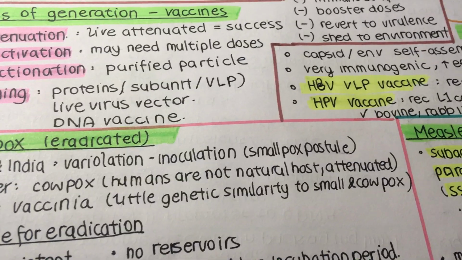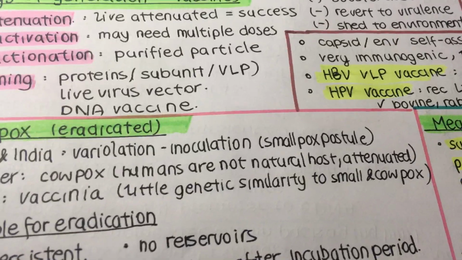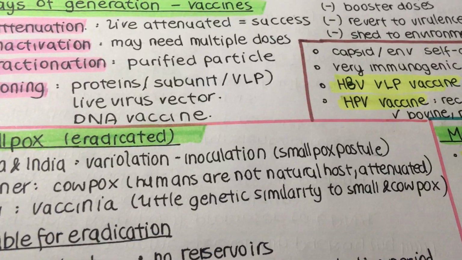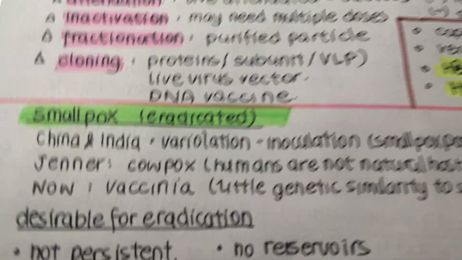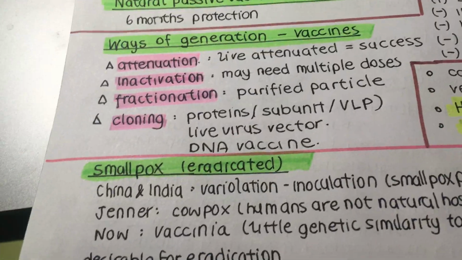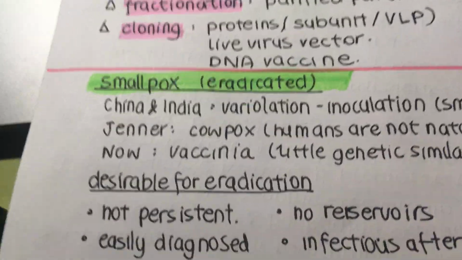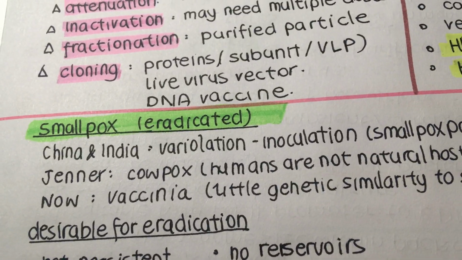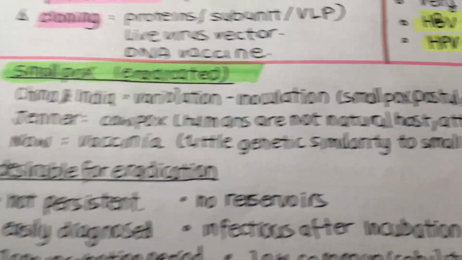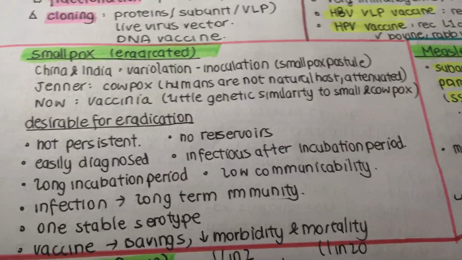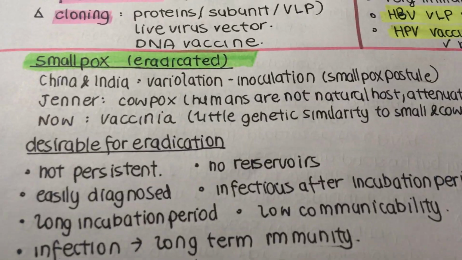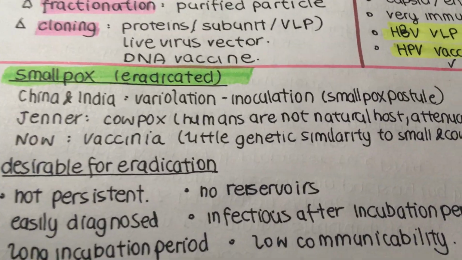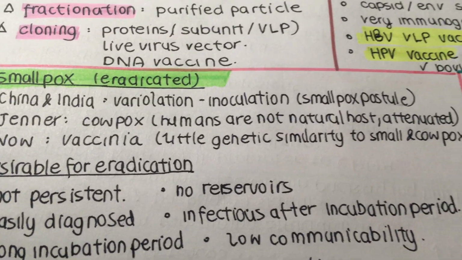And this is because cowpox just infects cows, but it doesn't infect humans. But perhaps the immune response against cowpox is just as effective in protecting against smallpox, and the immune memory established from that is quite useful. Nowadays, we use the vaccinia pox virus. They have very little genetic similarity to the smallpox and the cowpox, but still it garners the necessary protection.